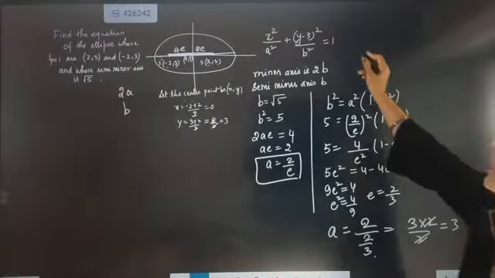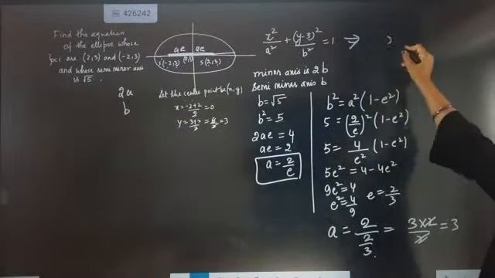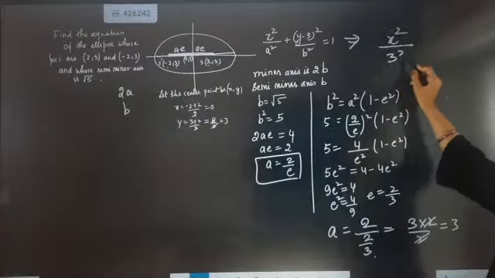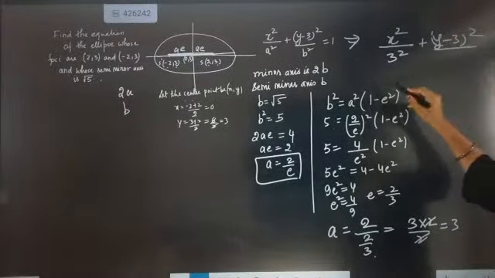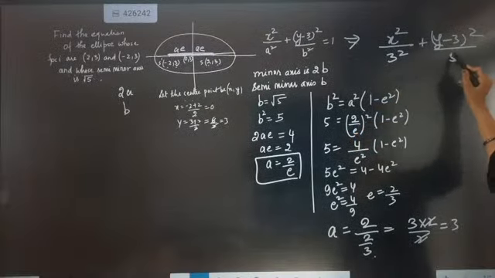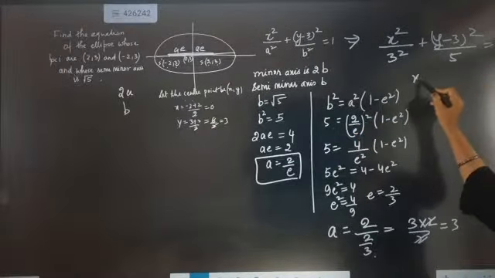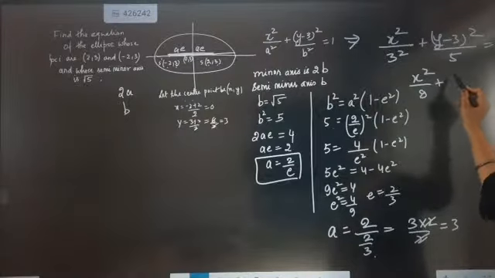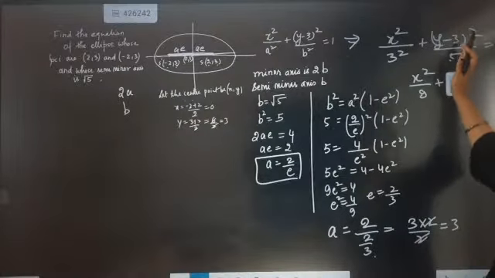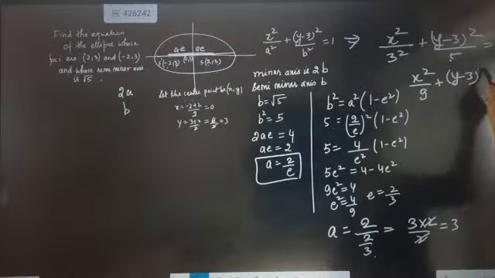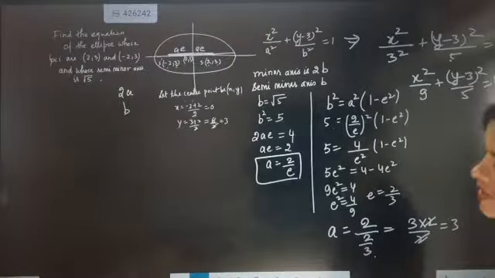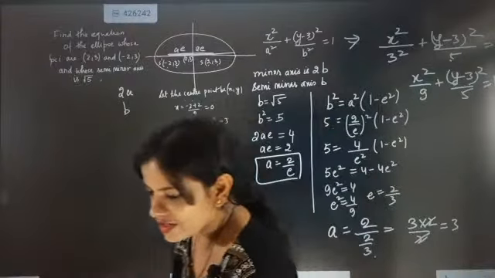So now the equation of the ellipse is x square by 3 square plus y minus 3 whole square by b square, and b square is nothing but 5. So the answer will be x square by 9 plus y minus 3 whole square by 5 equal to 1. So this will be the final equation.